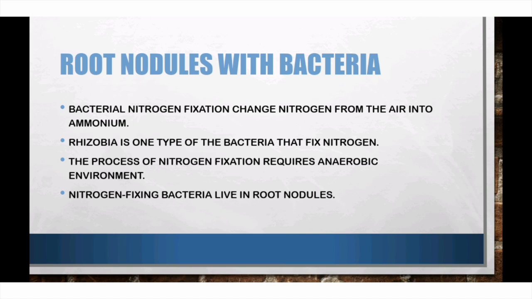In root nodules, there is bacterial nitrogen fixation that changes nitrogen from air into ammonium. This conversion is important for plants to get the nutrient because plants cannot absorb nitrogen. And next, rhizobia is one type of the bacteria that fix nitrogen in soil, and the process of nitrogen fixation requires an anaerobic environment.